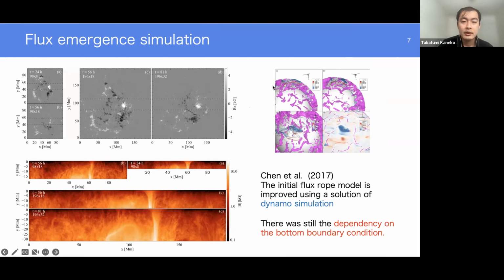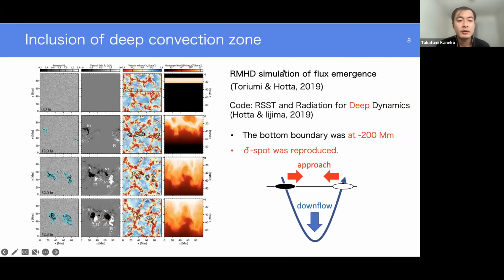The simple way is just to extend the bottom boundary to the deeper layer. Of course, it is difficult, because extending the simulation box means that we need more grids, so it consumes more numerical resources.